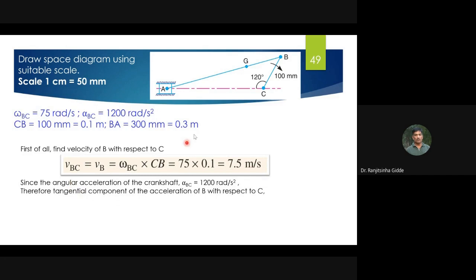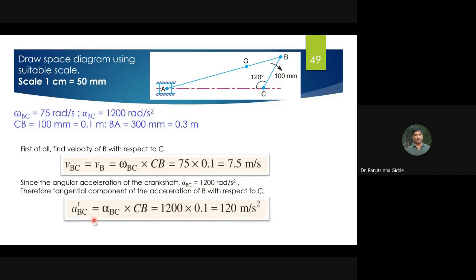Then they have given the angular acceleration for this CB. Since the angular acceleration of the crankshaft alpha BC is equal to 1200 radian per second square, directly here itself we can find out the tangential component of acceleration of B with respect to C. So ATBC is equal to alpha BC, that is given, into CB, that is the link length.